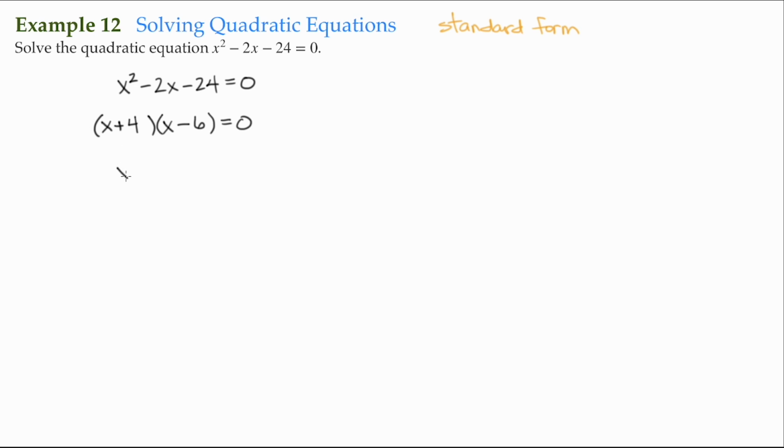Well, let's find out. What would make x plus 4 equal to 0? All I have to do is solve for this. X would have to be negative 4. So if I use x equals negative 4, I would have negative 4 plus 4 times negative 4 minus 6.